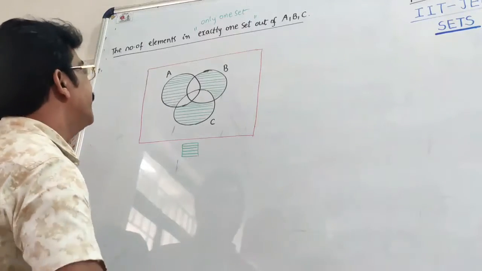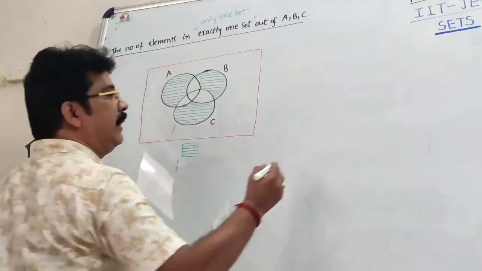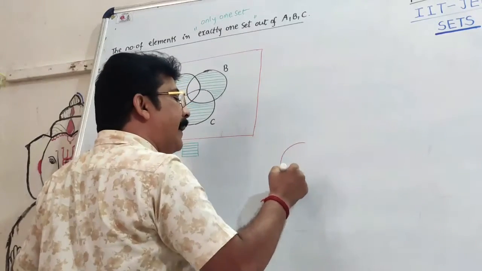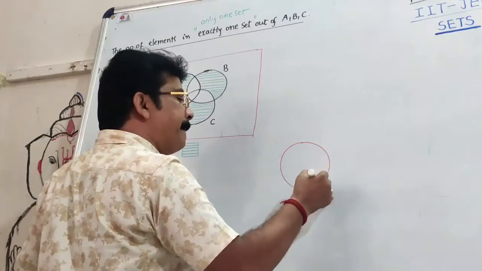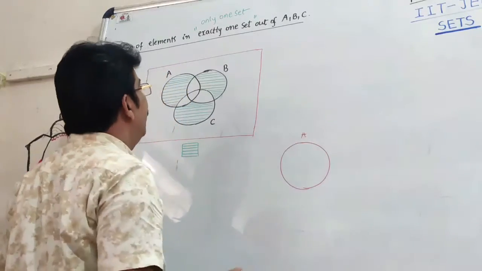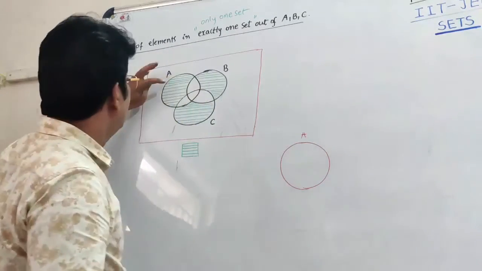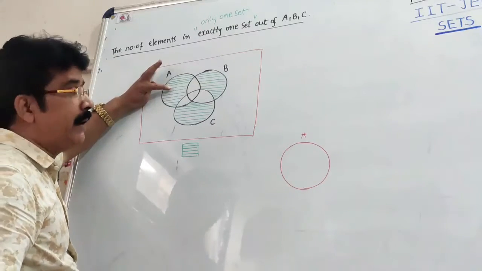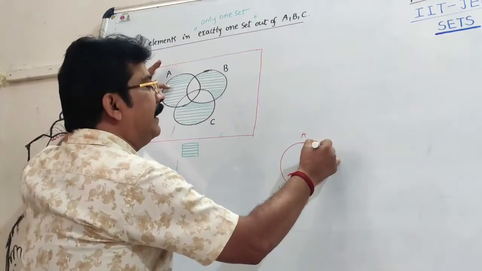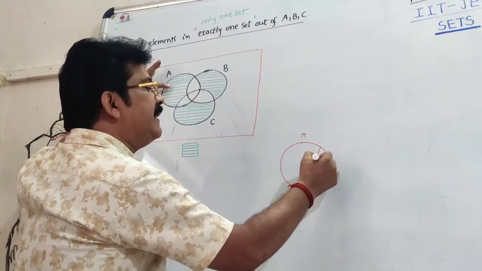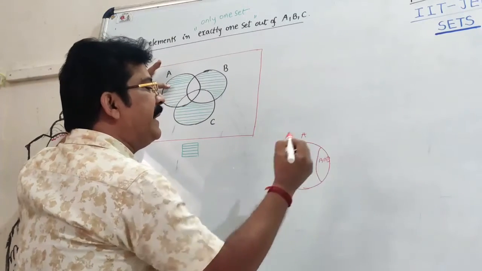Right, you come here. First, this is capital A. We want only A. Only A means first delete this A intersection B area.